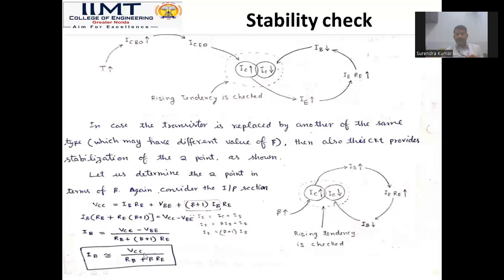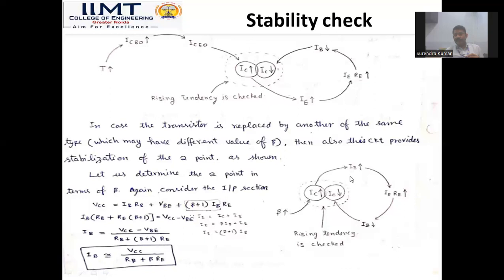So you can say base current is approximately equal to VCC over RB plus beta RE. Here again we have neglected this VB voltage, which is very, very small as compared to this. So, with the help of this base current equation, IB is equal to VCC upon RB plus beta RE.